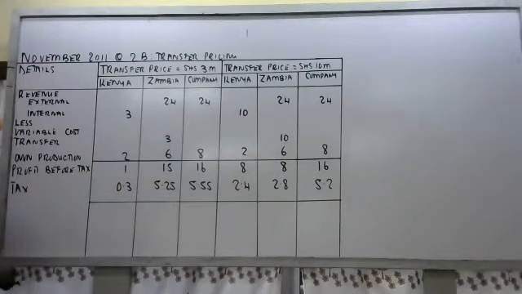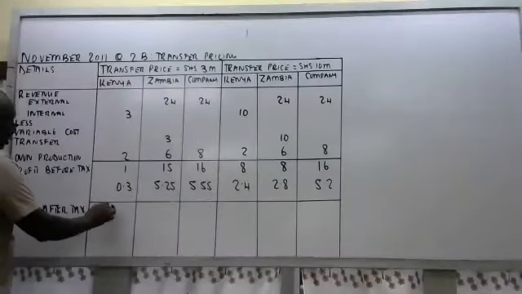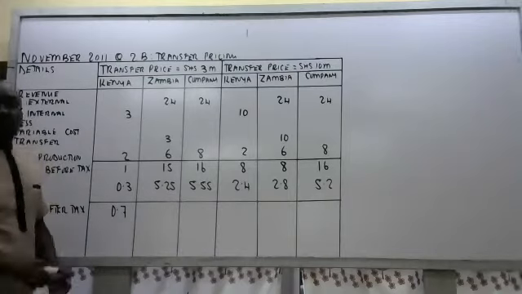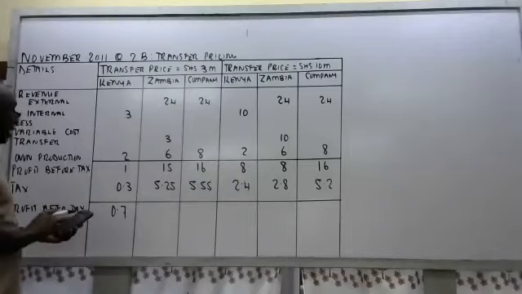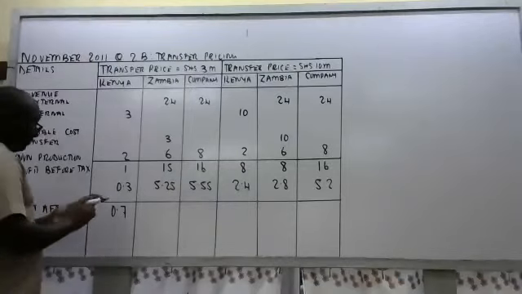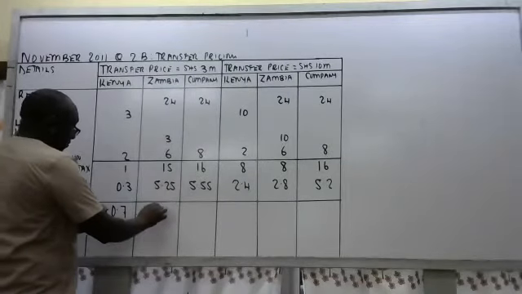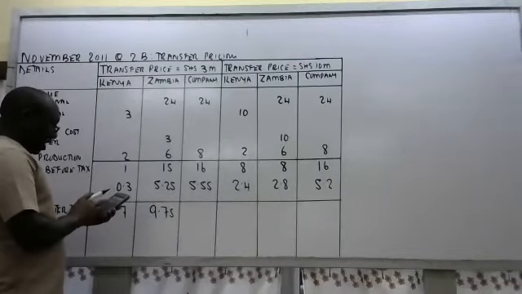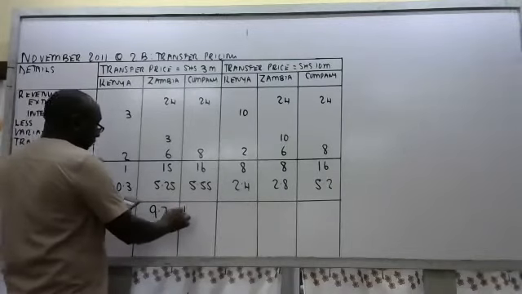Profit after tax, this is 0.7. Then 15 minus 5.25 is 9.75. 16 minus 5.55 is 10.45.